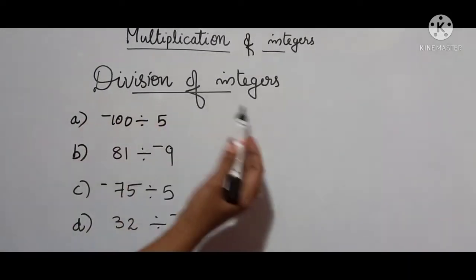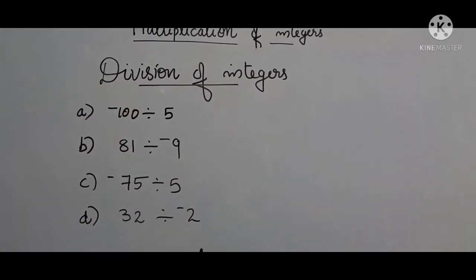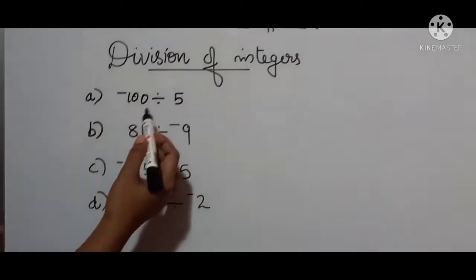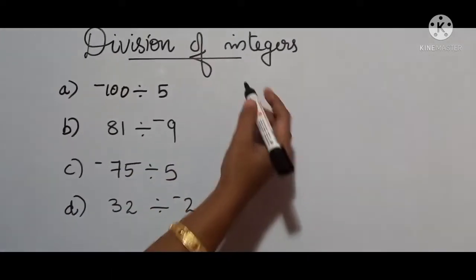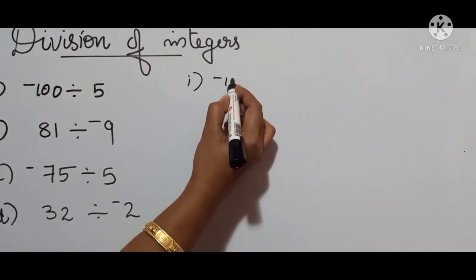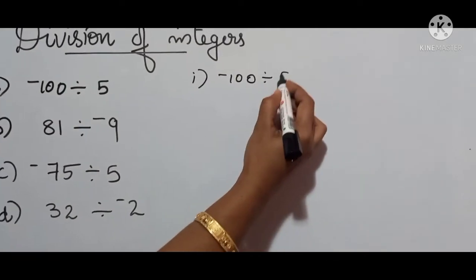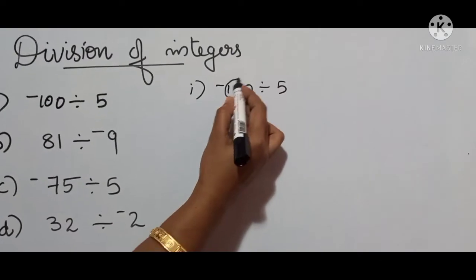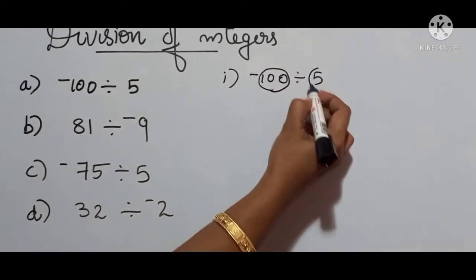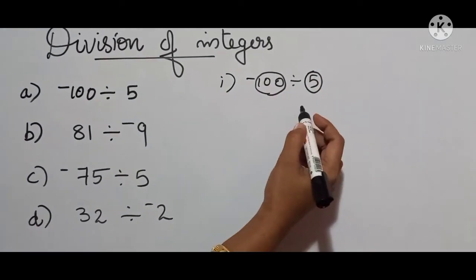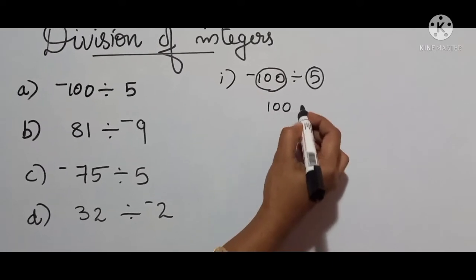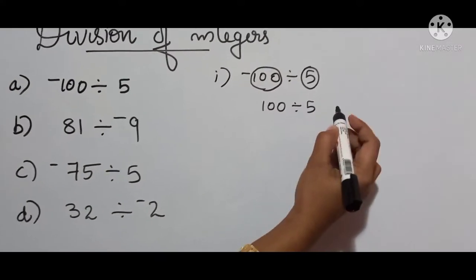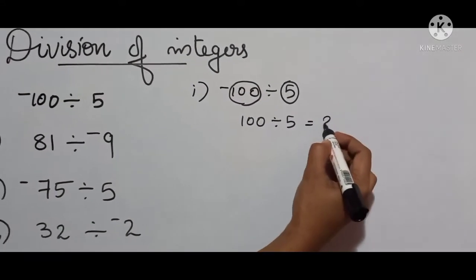Then we can do division of integers. Here I have selected 4 questions. First one is minus 100 divided by 5. First consider both as whole numbers. 100 divided by 5 is equal to 20.